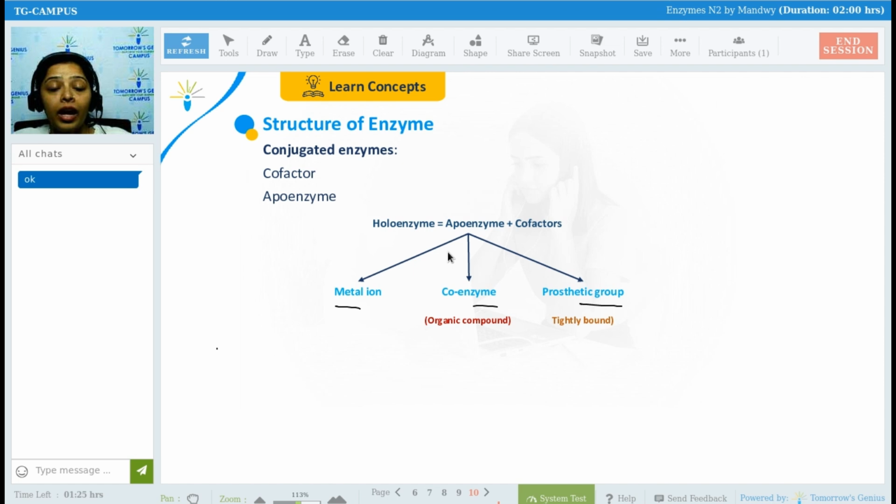So metal ions are actually the normal metals like iron, manganese, cobalt, zinc.